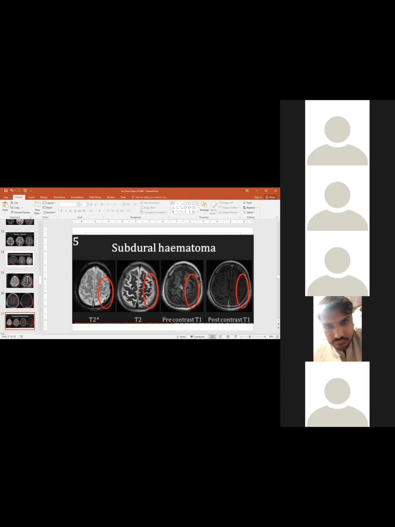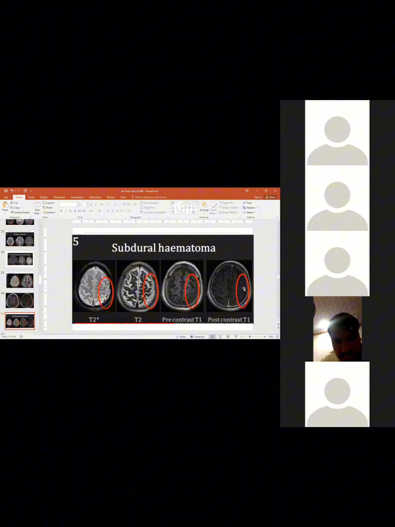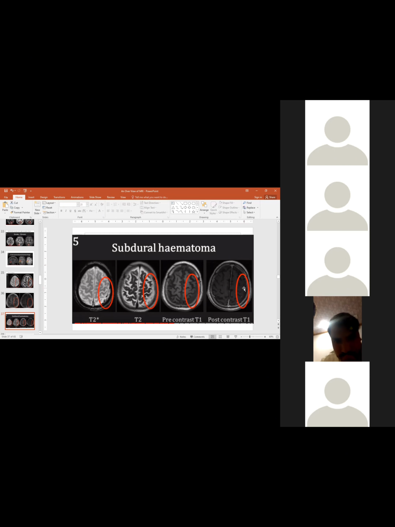So post-contrast, we confirm that we are dealing with subdural hematoma.